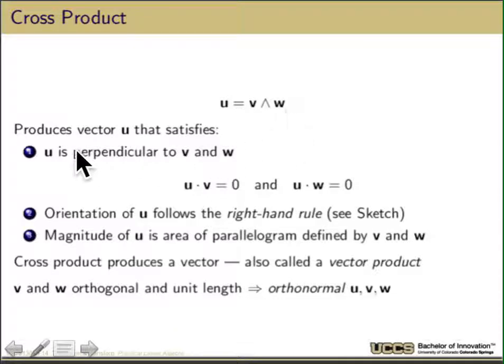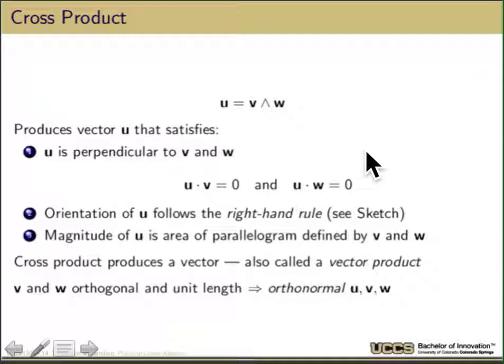So the first is that U is perpendicular to V and W. That is, U dot V is 0, and U dot W is 0. And you can go back to the definition, just multiply it out, and you'll see why that happens. Things all cancel out. The orientation of U follows what's called the right-hand rule, which I'll show in the sketch in a second.